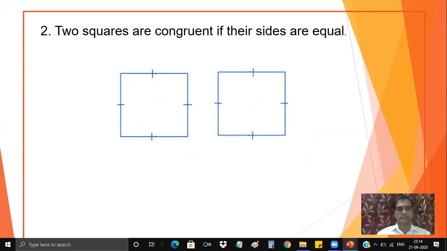Now let us see the second example. Two squares are congruent if their sides are equal. As you can see here, the sides of both these squares are equal and therefore these two squares are said to be congruent.